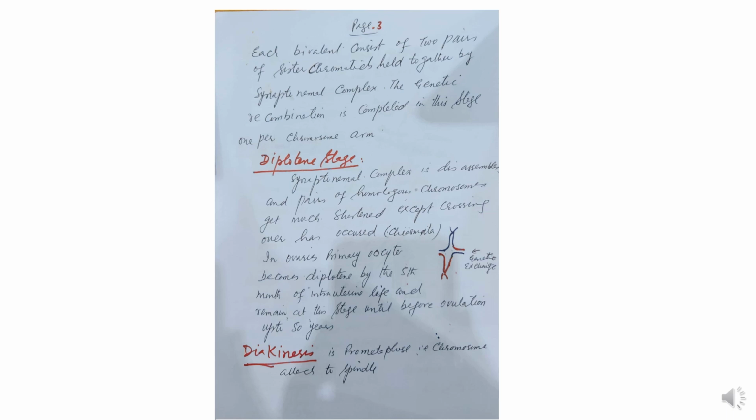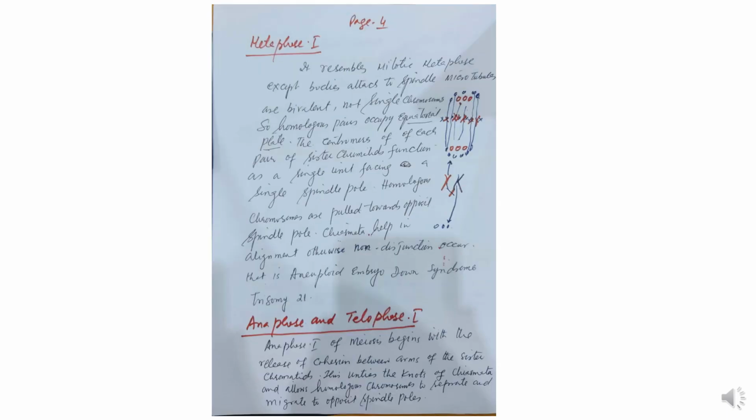Diakinesis is the prometaphase, before the second phase, when chromosomes attach to the spindle. The nuclear membrane breaks and the chromosomes are set free in the cell. It resembles the mitotic metaphase, except that the bivalents are attached to the spindle microtubules.